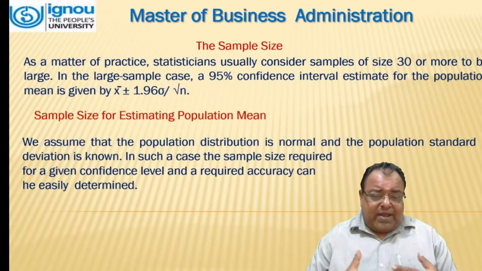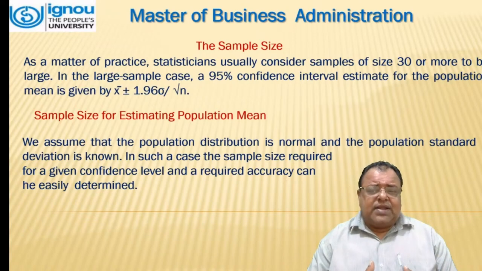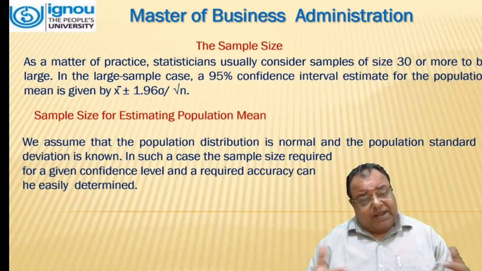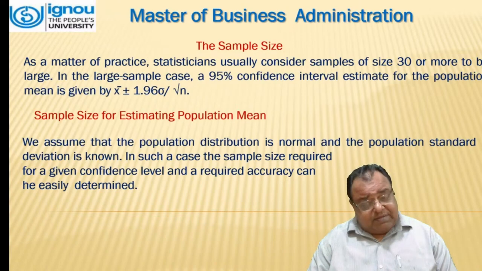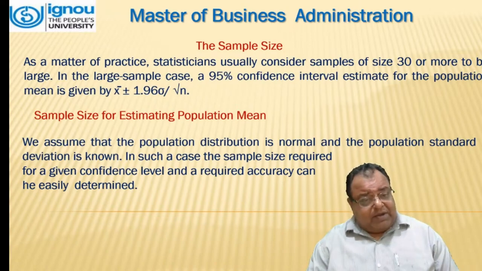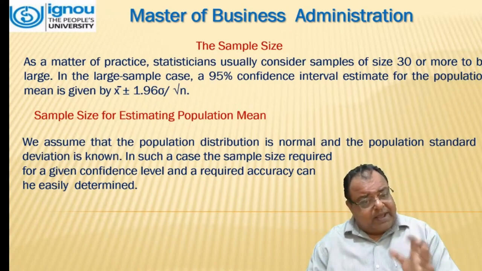Now, how to calculate the sample size? As a matter of practice, statisticians usually consider samples of size 30 or more to be large. In the large sample case, a 95% confidence interval estimate for the population mean is given by x bar plus or minus 1.96 sigma upon root n.